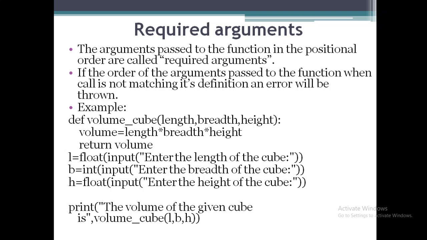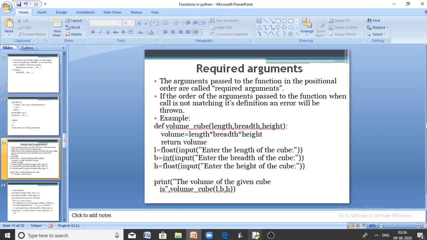And second thing is, suppose you need three parameters and you provide only two parameters, then one parameter will be missing, and in that case also it will throw an error. So let us discuss that with a sample program execution.